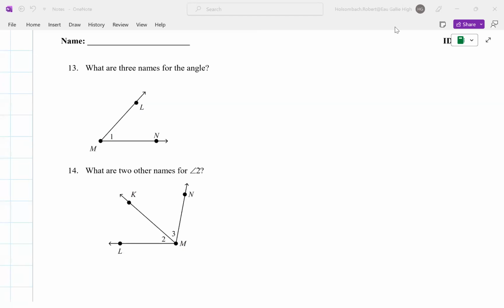Number 13, what are 3 names for the angle? Well, we've got this number 1 down here in the corner, so we can call it angle 1.